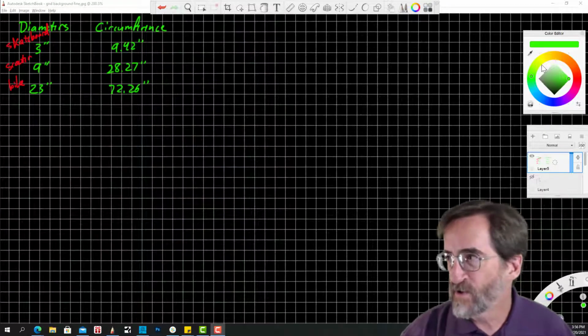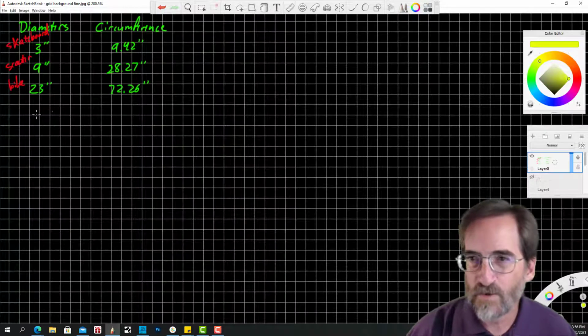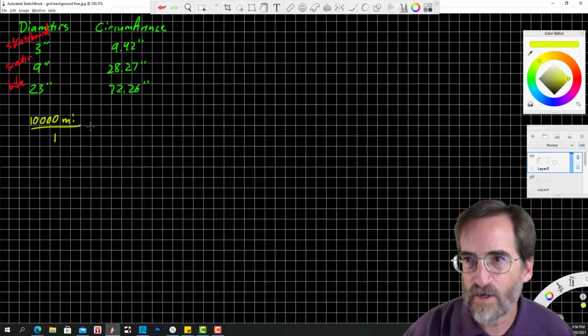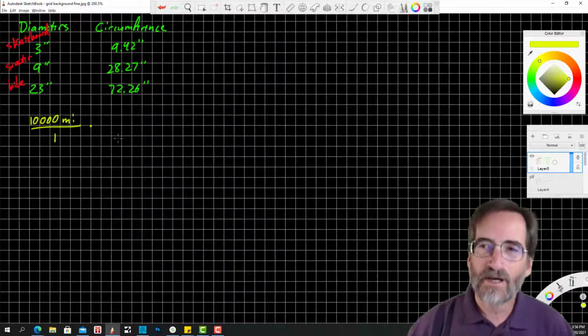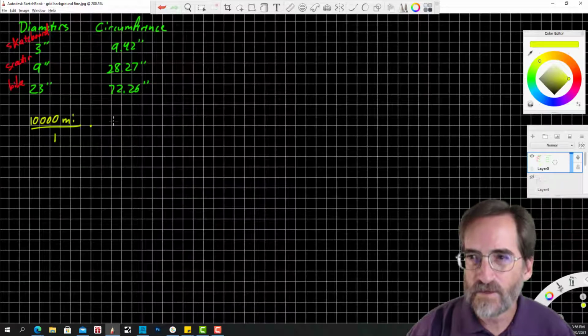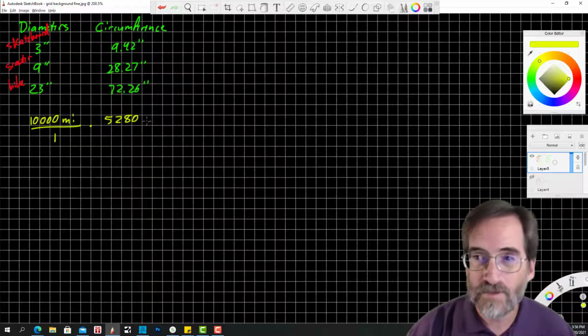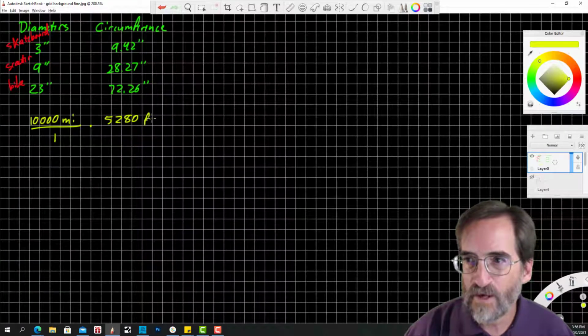So we're going a distance. Here's the way this calculation works, and we need to show our steps here. So write this down: 10,000 miles over 1. And we're going to change miles to feet. Now there are 5,280 feet in 1 mile.